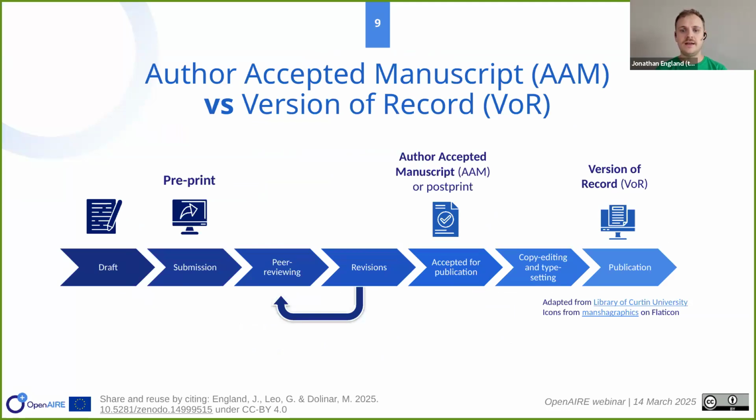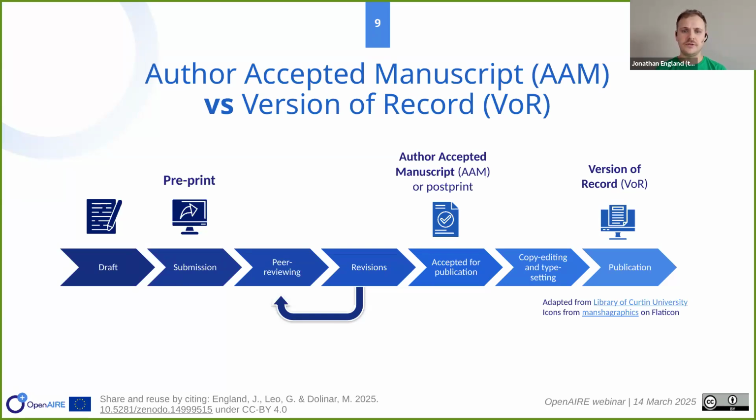So let's look at the different versions of your manuscript, so we understand what we are supposed to be doing. Before you submit to a journal or any other publishing platform, this is what we call most of the time a preprint, a pre-publication. Once it undergoes the peer-review process, the final version of your manuscript is called the author-accepted manuscript.